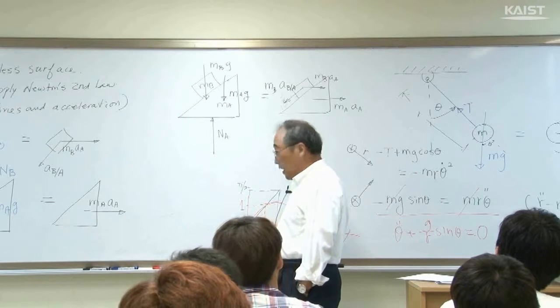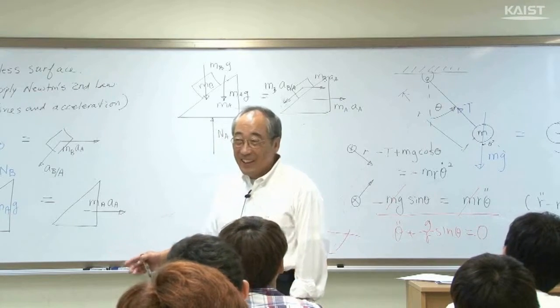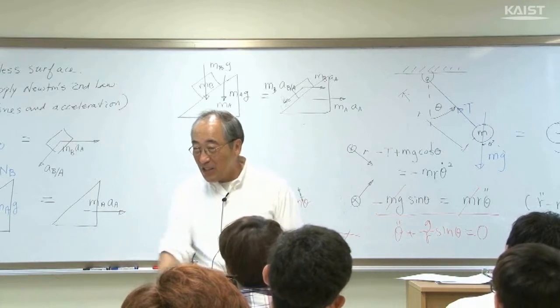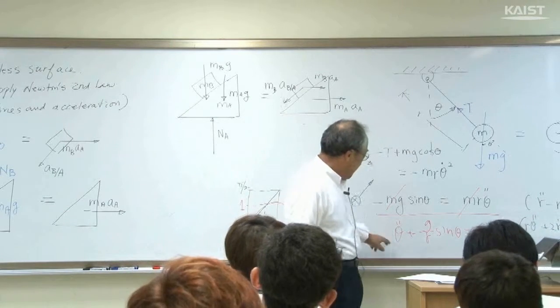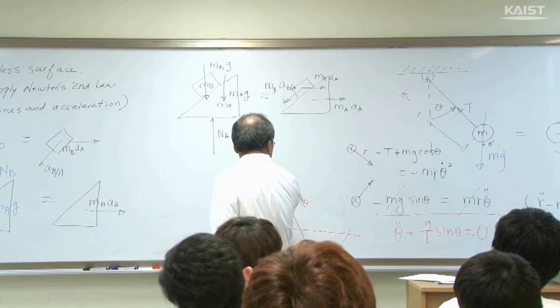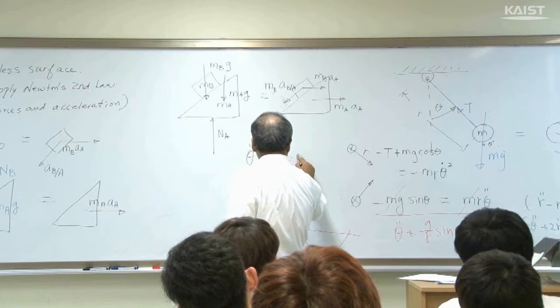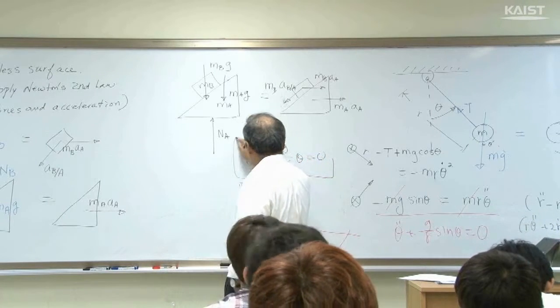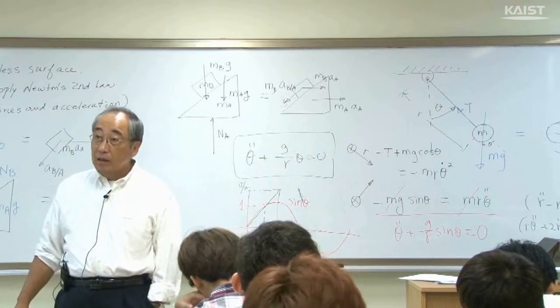Well, this angle is pretty large. So when you see the pendulum oscillating like that, you don't have to solve this complicated equation. You can only solve theta double dot plus g over r theta equals 0, and you can solve this. This is a linear second order differential equation.